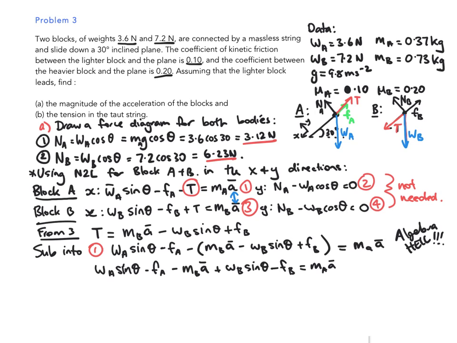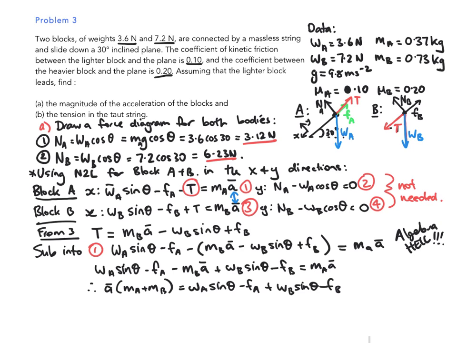Then we've got to do some more yucky algebra. Therefore, grouping these terms, m_A plus m_B times a equals W_A sine theta minus F_A plus W_B sine theta minus F_B.